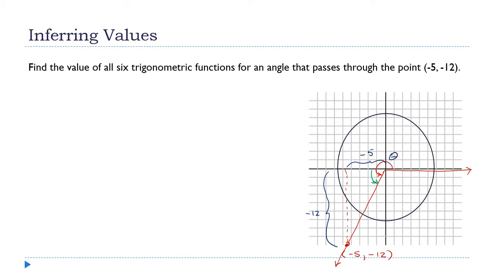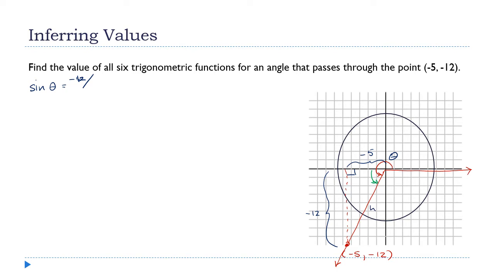Then I know that the sine of theta is the opposite over the hypotenuse. So that's going to be -12 divided by the hypotenuse. What's the hypotenuse of this thing? Well, this is a right triangle, and its sides are 5 and 12, so let's use the Pythagorean Theorem. Call the hypotenuse h.